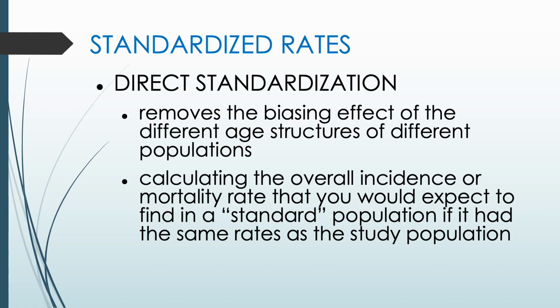So we have 2 types of standardization of rates. We have the direct standardization. It removes the biasing effect of the different age structures of different populations and is done by calculating the overall incidence or mortality rate that you would expect to find in a standard population if it had the same rates as the study population.